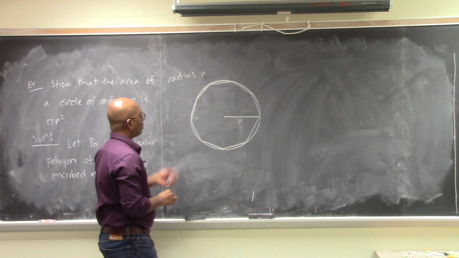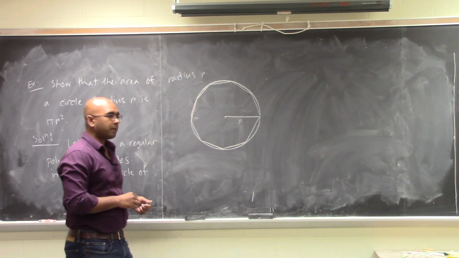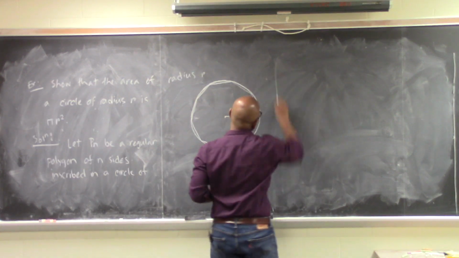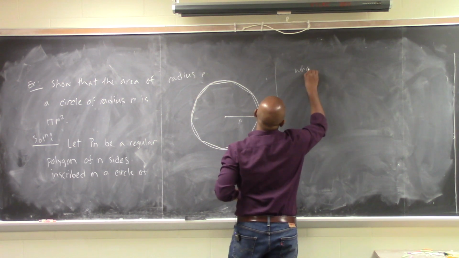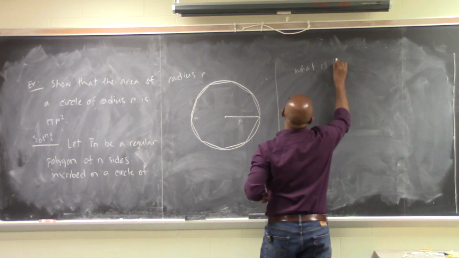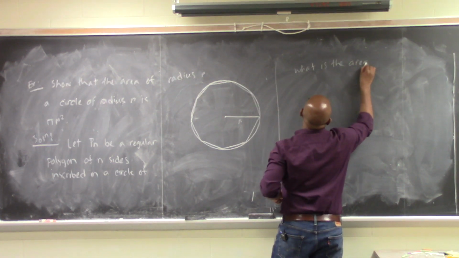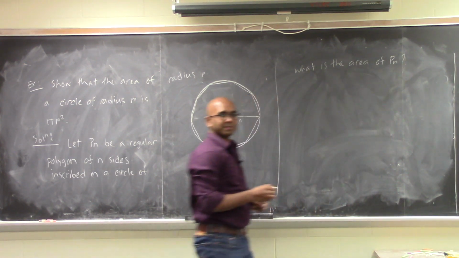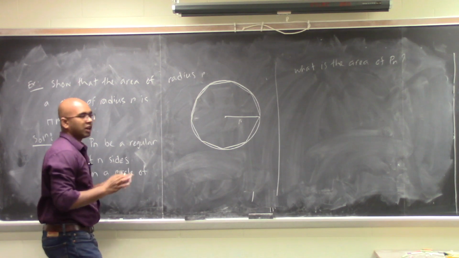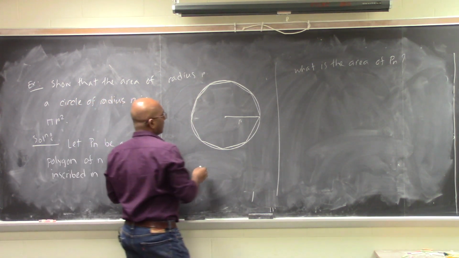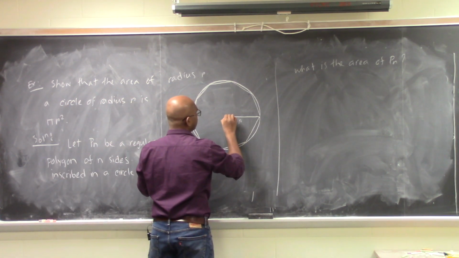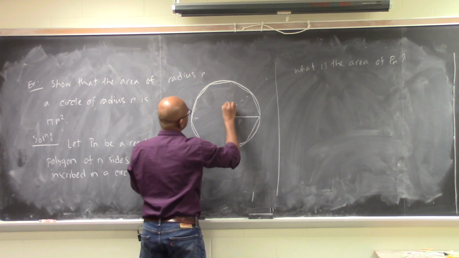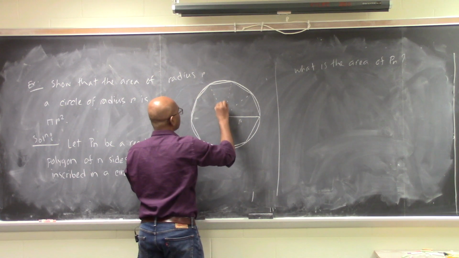Now, we need to calculate area of this Pn. Okay, now the question is this: what is the area of P sub n? That's not too hard to compute. Notice all this, so from the center I will join the vertices like this, like this.